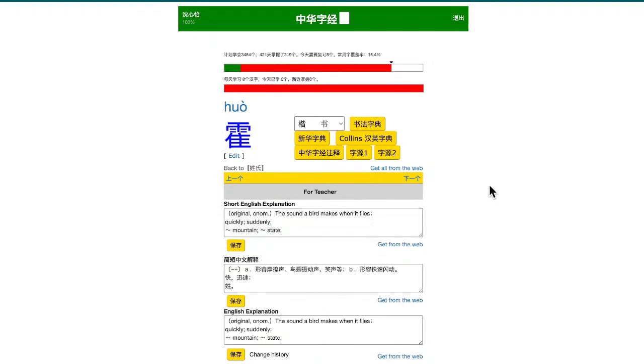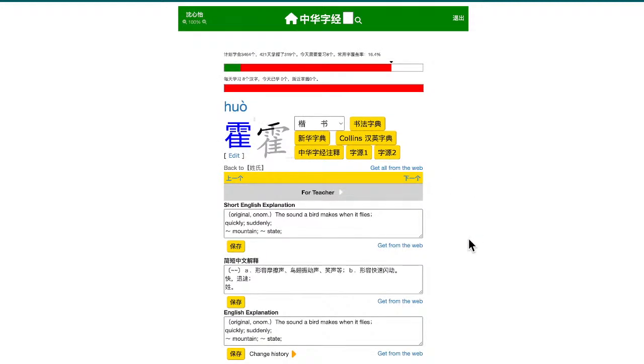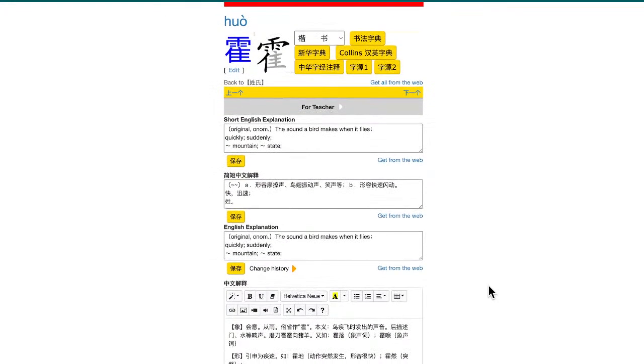Next one is 货, okay. 货. Now the original meaning is an onomatopoeia, okay. Means the sound of a bird flying over, okay.